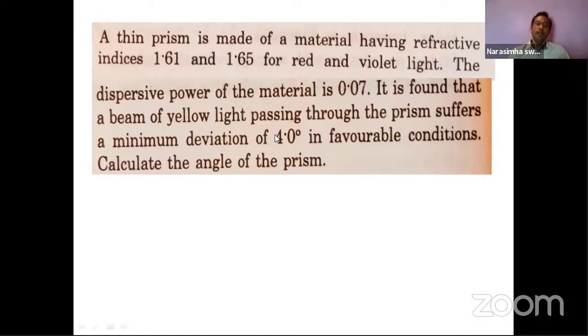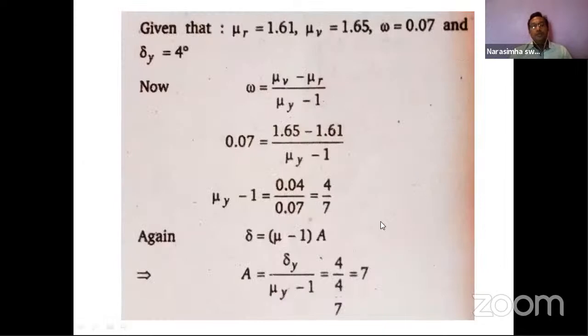Means the yellow line has minimum deviation of 4 degrees, and they are asking for the angle of prism, that is the capital A value.